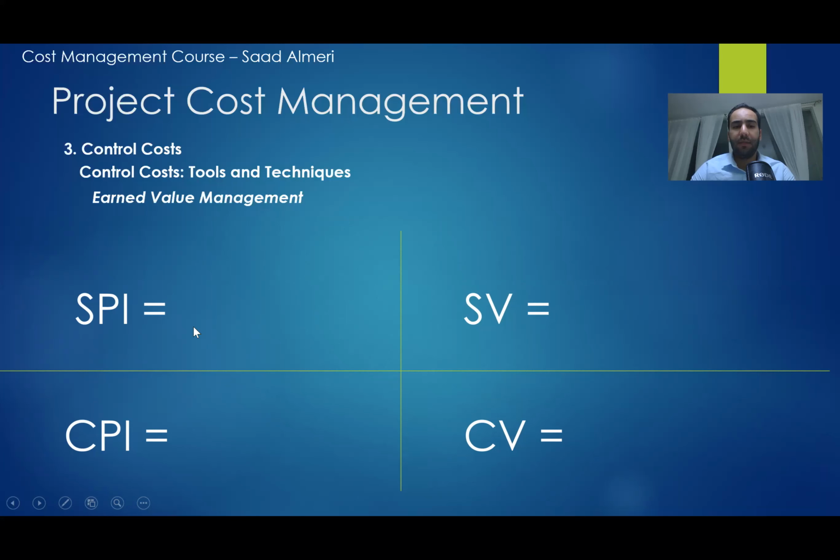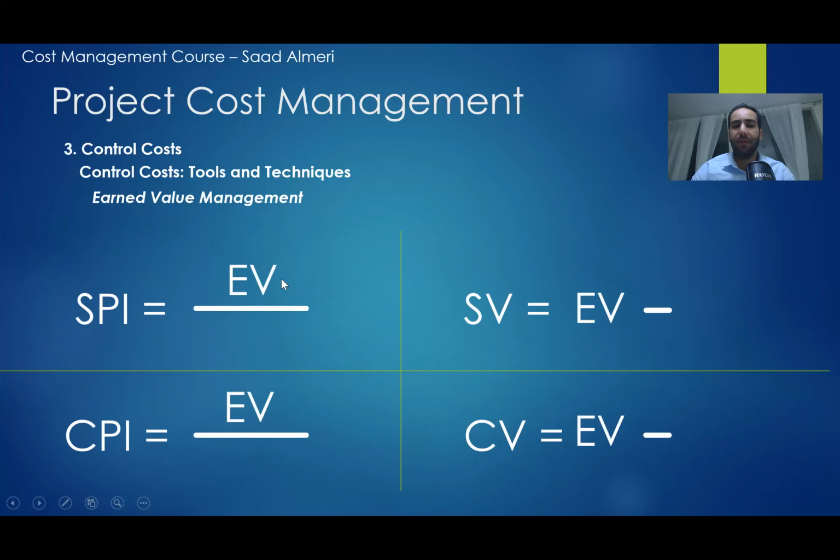If we want to calculate the SPI and the CPI, it is a fraction, and if we want to calculate the SV and CV, it is a variance. So if we want to memorize all of them, in each one of them we can start with EV. If we talk about the fraction, which is SPI or CPI, we have the EV at the top.